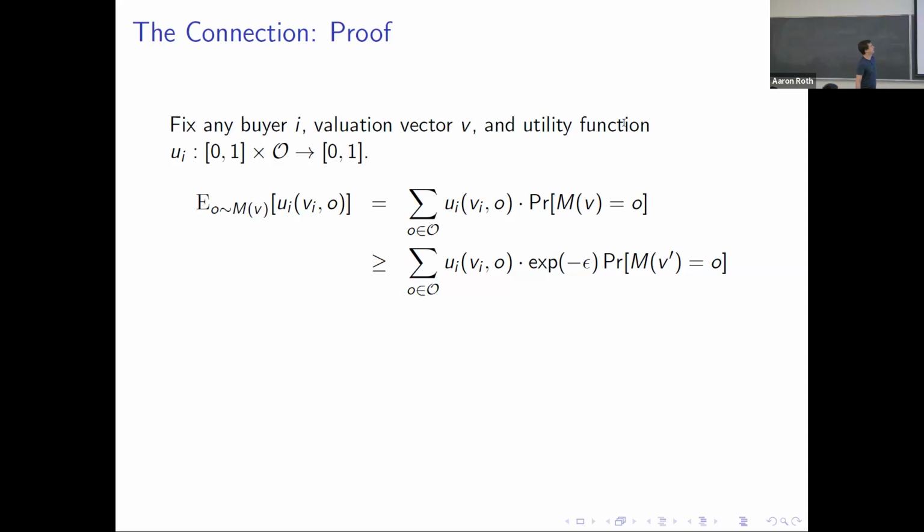So in the worst case, if we're thinking about how much his utility can decrease, for example, it's larger than the probability it was before times e to the minus epsilon. That's like making the probability smaller by an e to the epsilon factor.